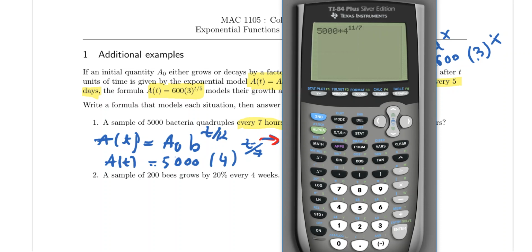Make sure you put the exponent in parentheses. So it will be 44,163, let's round it to 1 decimal place, so 44,164.